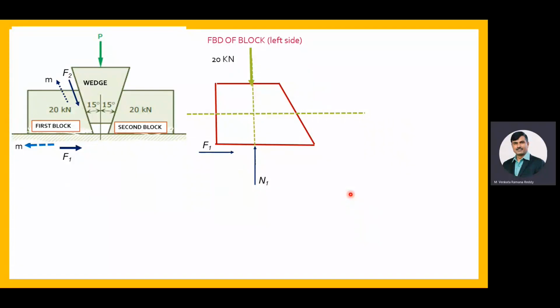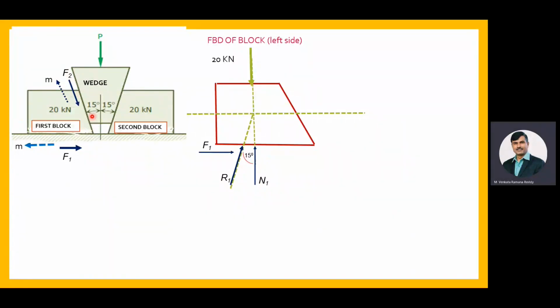We will draw the resultant force for normal reaction N1 and frictional force F1. We are naming this resultant force as R1, and the angle between the normal reaction as well as the resultant force is 15 degrees, which is nothing but the angle of friction.